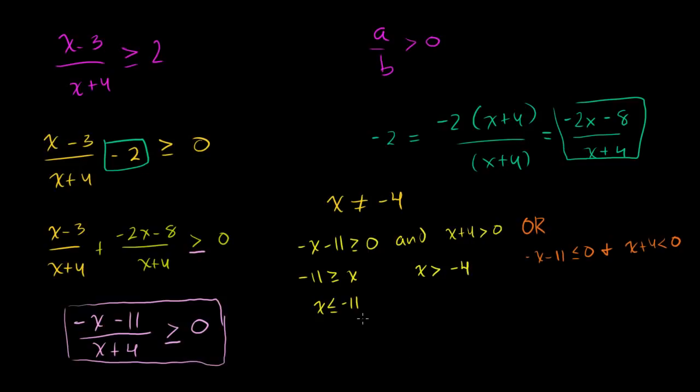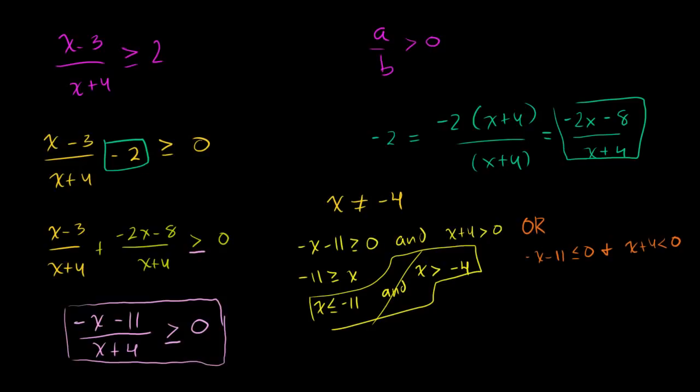But once again, this makes no sense. Remember, there's an and here. Both of these have to be true. There is no x that is greater than minus 4 and less than minus 11. So the numerator and the denominator can never both be positive at the same time, because in order for them both to be positive, you get an impossible constraint to fill.